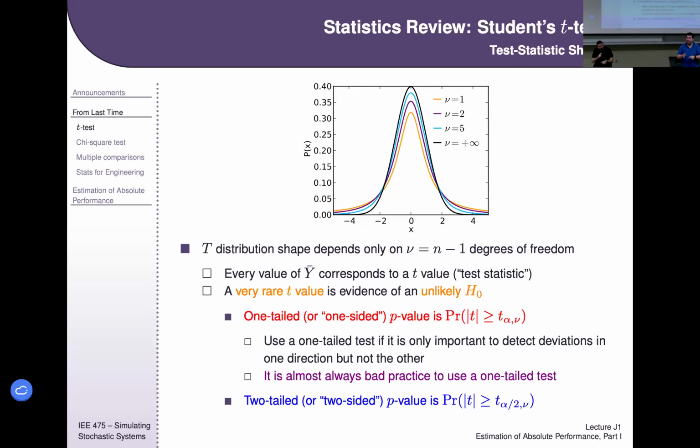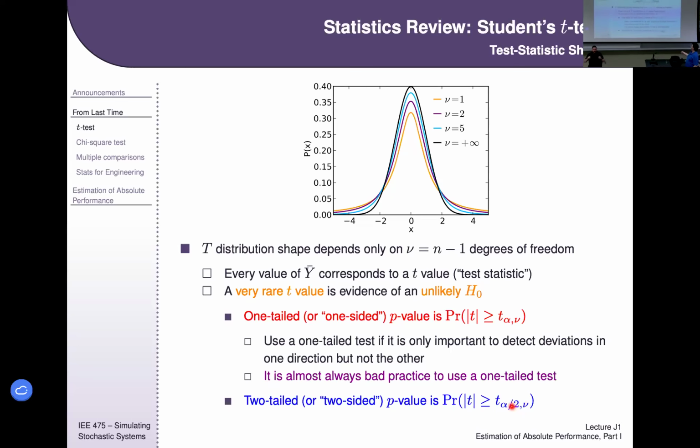A lot of times when you see people use a one-tailed test, it looks like they didn't have enough data to achieve significance, but they really had wanted to make a detection, and it's easier to make detections with a one-tailed test. So unless you have really strong justification for why you wouldn't care about deviations in one direction, you only care about them in the other, then you always do a two-tailed test.